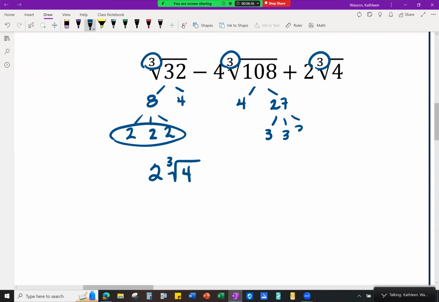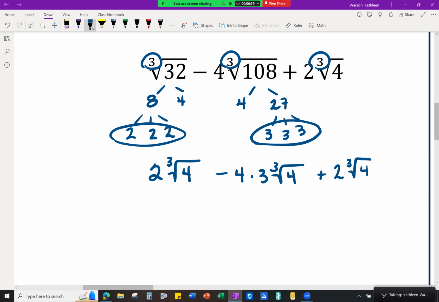It's 3 cubed. So I can pull a 3 out of this radical. And then my second expression will be minus 4 times 3 cube root 4. And then I have plus 2 cube root 4.